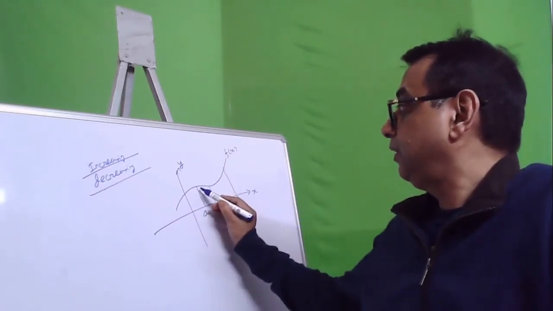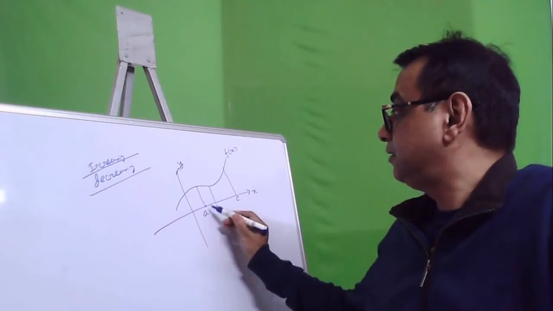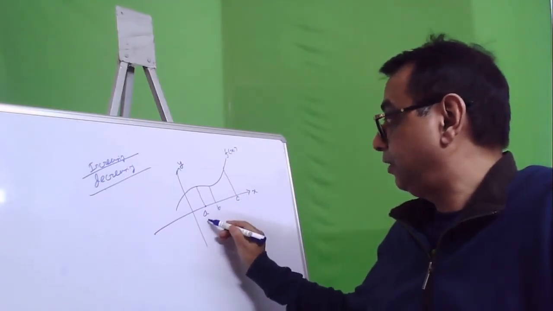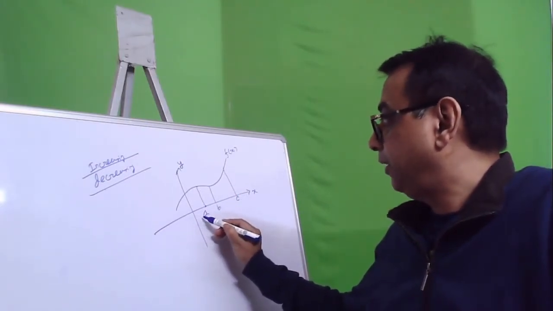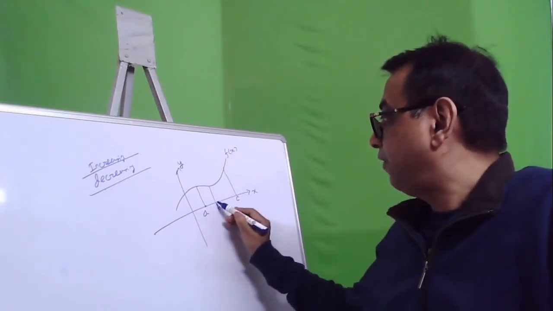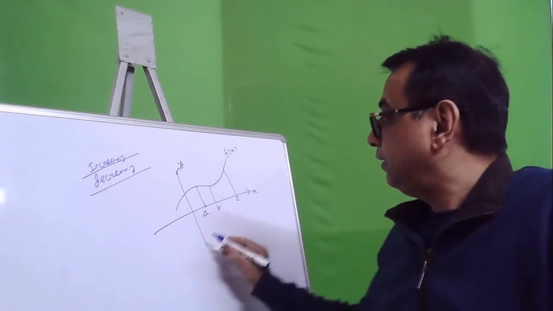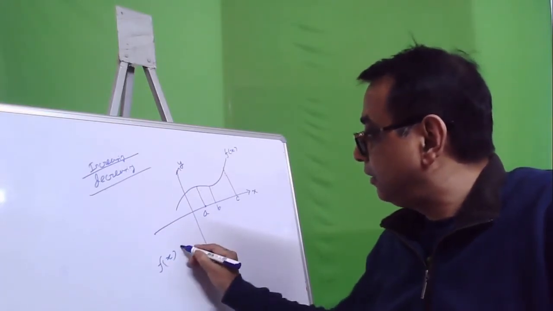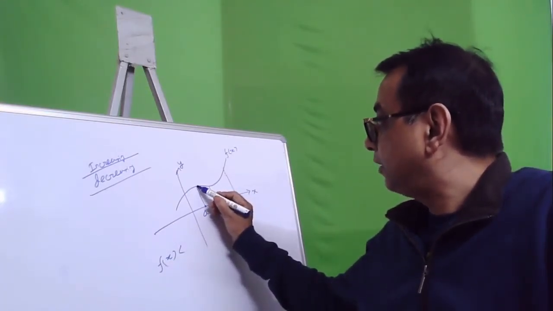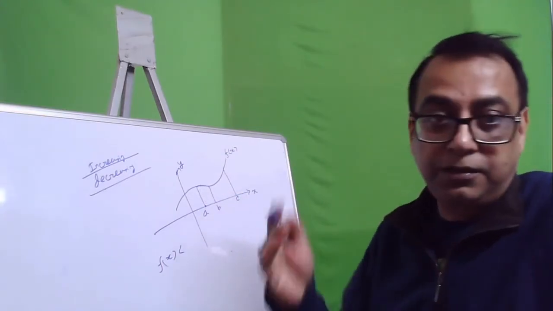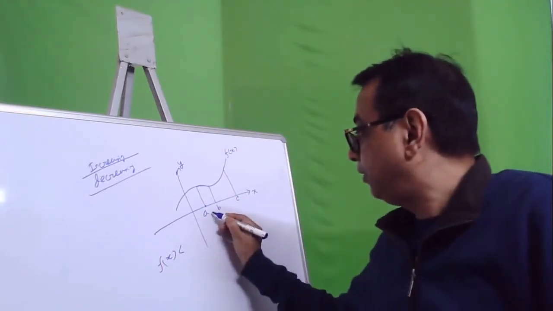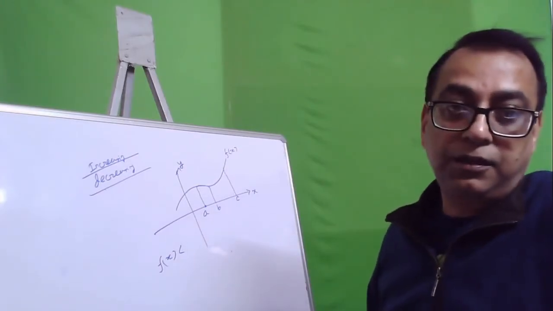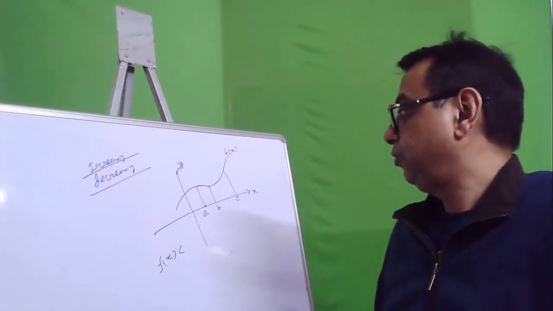For example, here you can see from x equal to a to x equal to b, f(x) is decreasing. It is very clear. So f(x) is decreasing in the interval a to b.